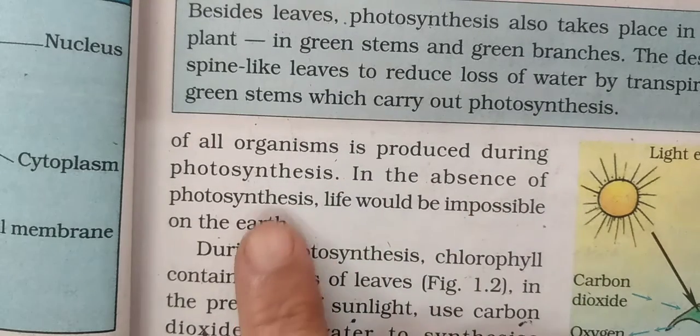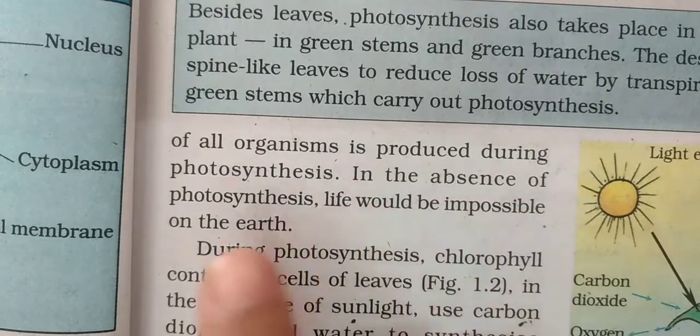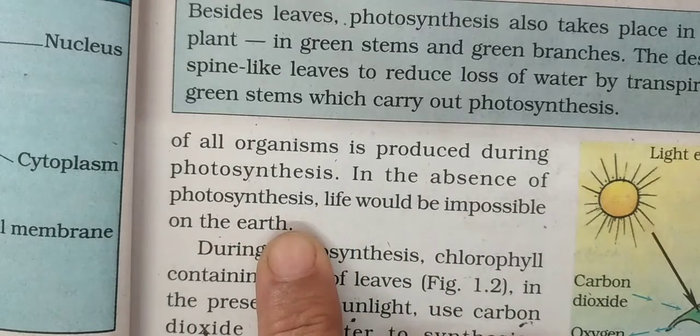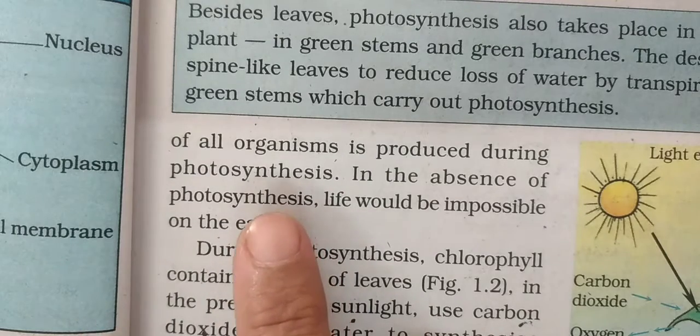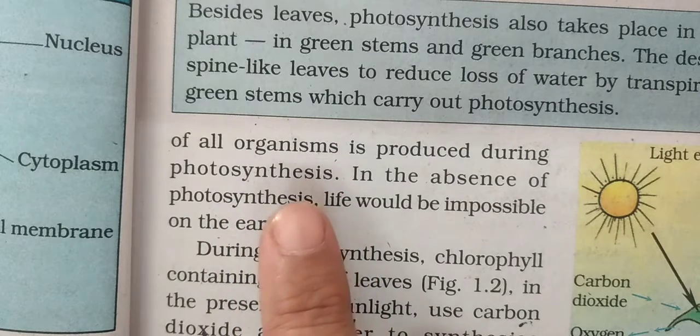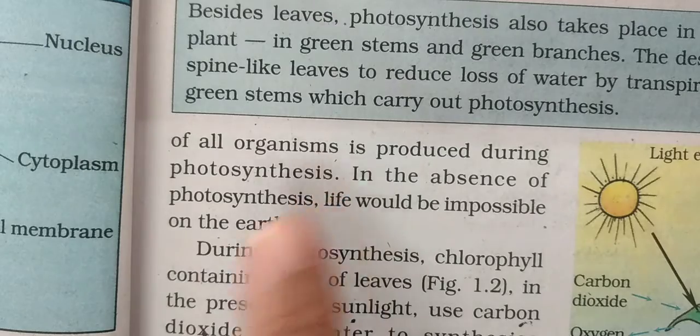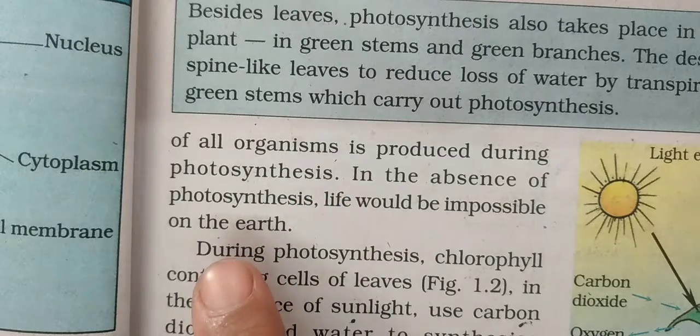In the absence of photosynthesis, life would be impossible on the earth. Photosynthesis, which is carried out by plants, is very much essential for the existence or survival of other living organisms which are directly or indirectly dependent on plants.